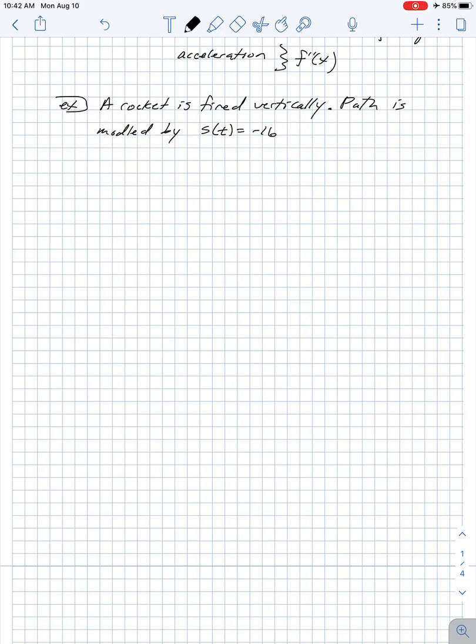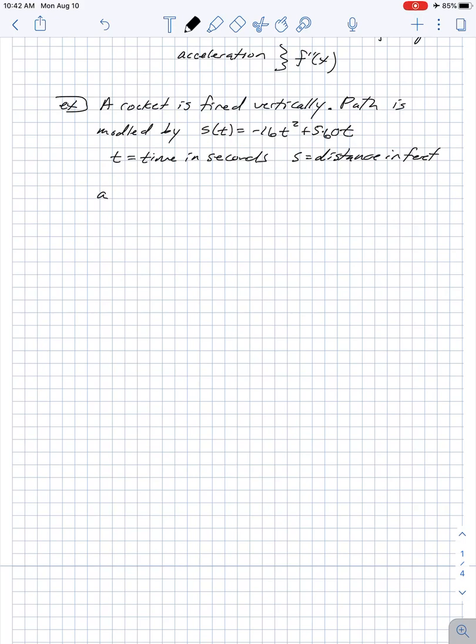T in physics land is always time, s is the position, t equals time in seconds, and s equals the distance in feet. So you get some labels on those things. Sometimes s is in meters or miles. It can be a lot of different things.